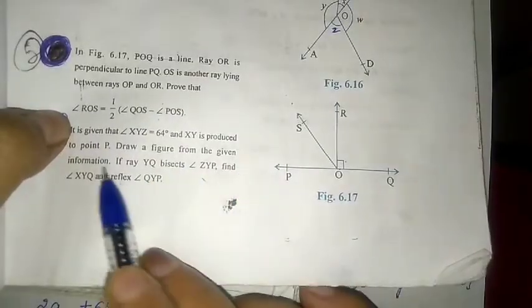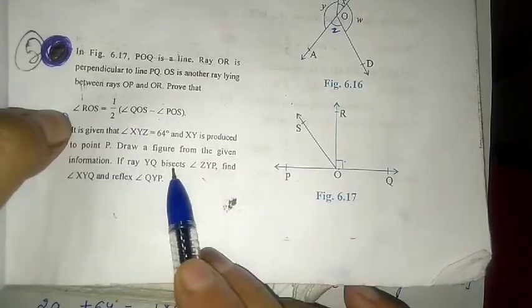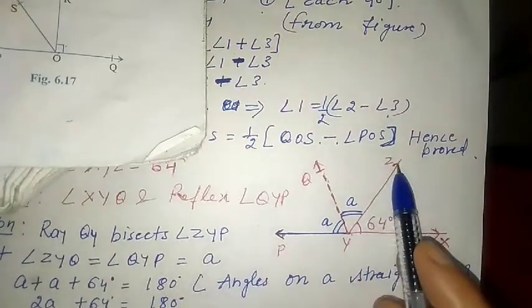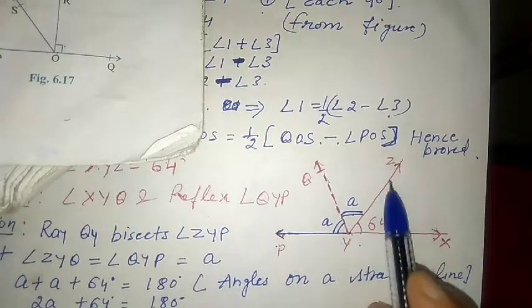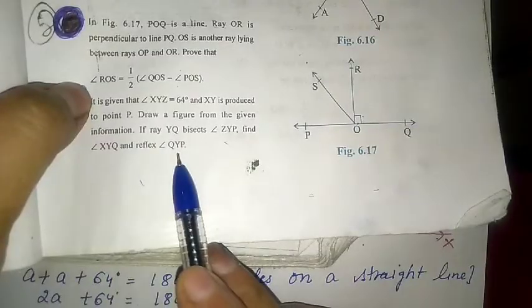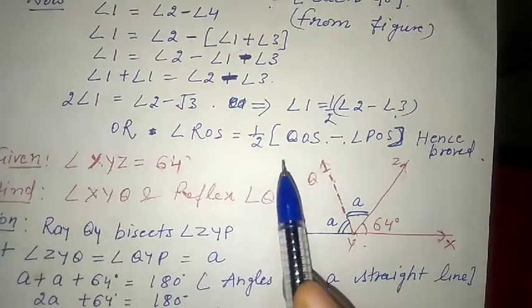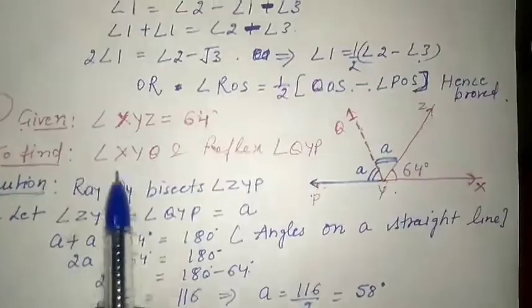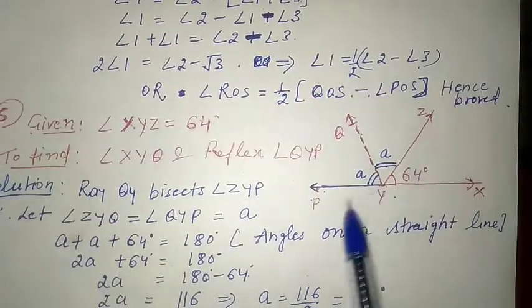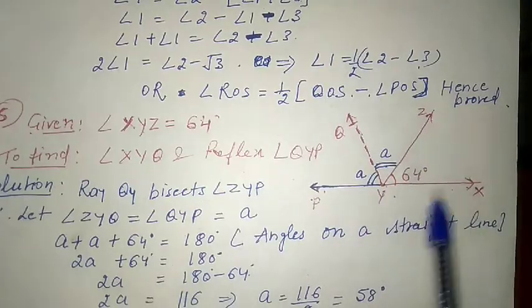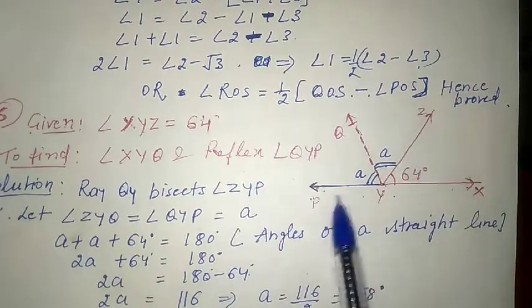Now it is given, draw a figure from the given information, that ray YQ bisects angle ZYP. We have to find angle XYQ and reflex angle QYP. So given XYZ is 64 degrees and we have to find angle XYQ.